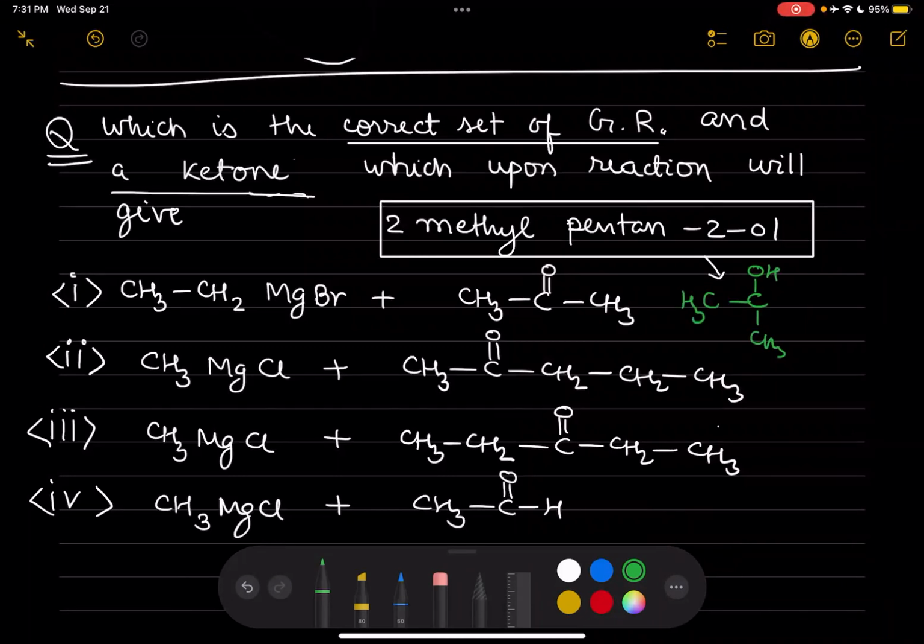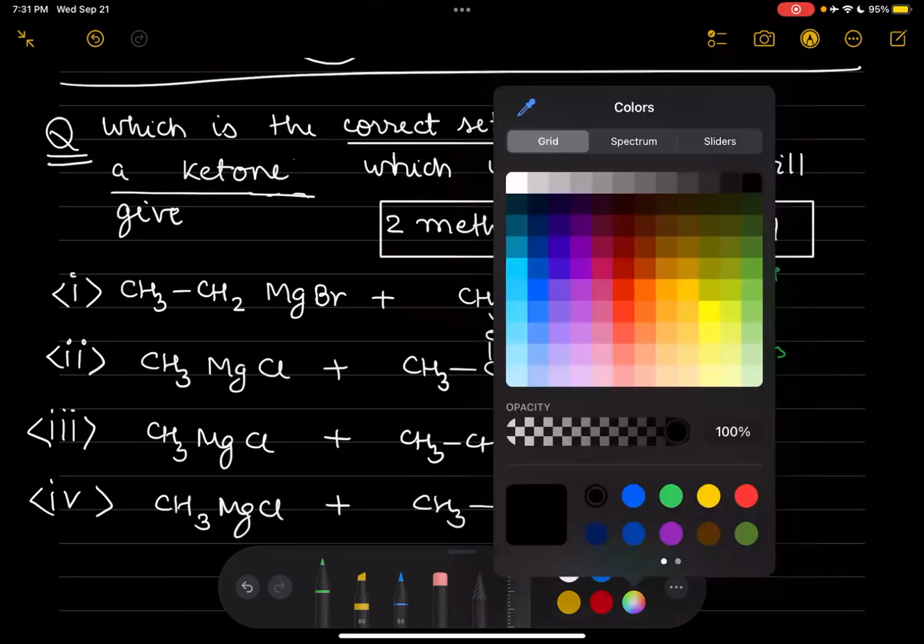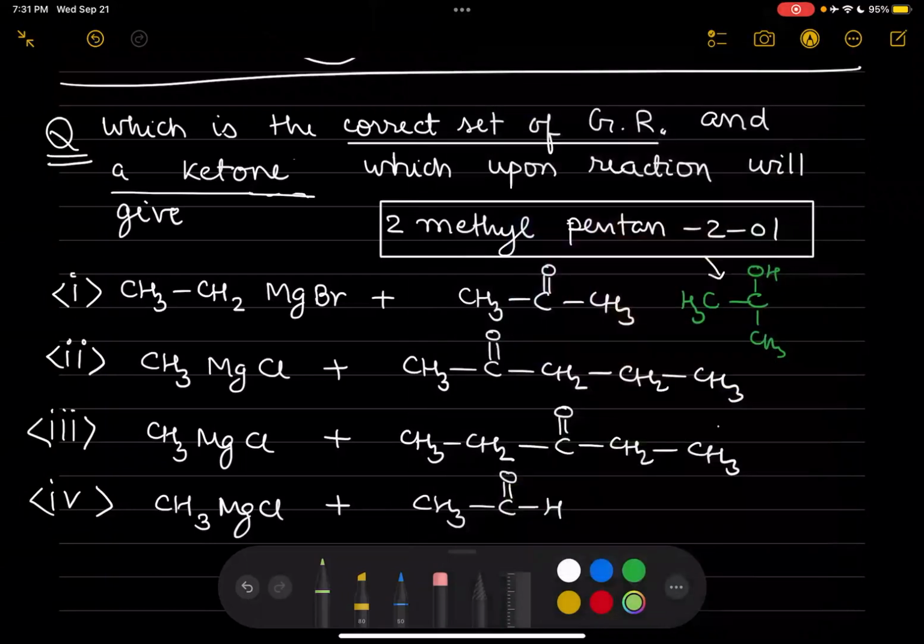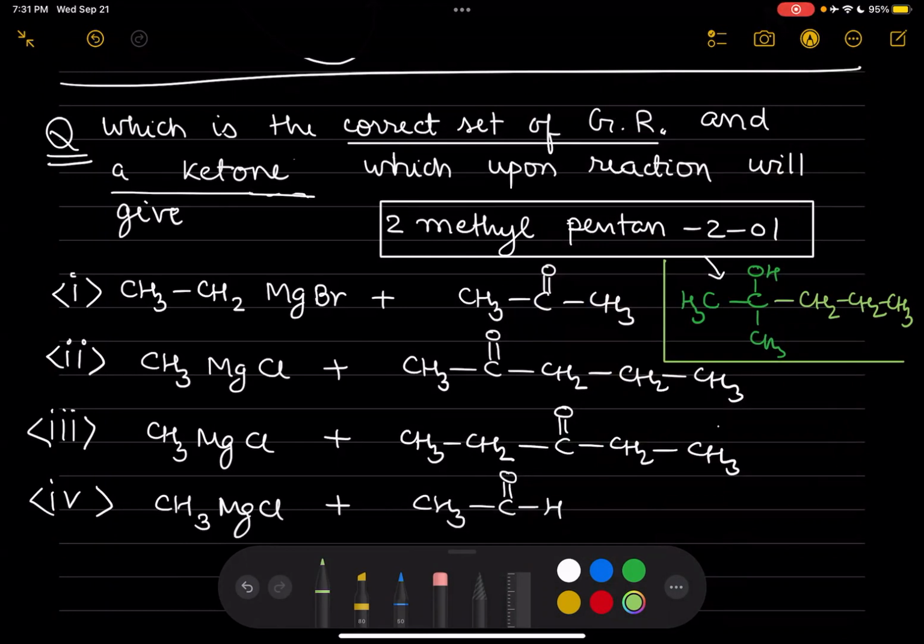I hope all of you can see it. Is it clear? Can all of you see what I have written? This is 2-methyl pentane 2-ol.